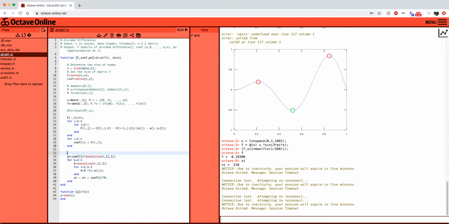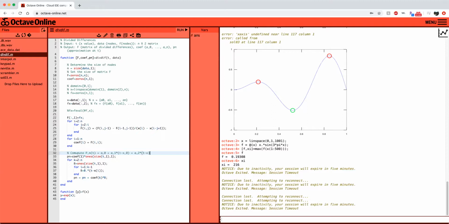Pn. Now we compute p sub n of t, which is equal to a sub 0 plus a sub 1 times (t minus x sub 0), and then plus a sub 2. You understand what I'm saying?